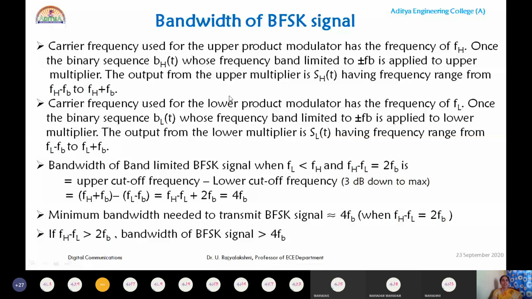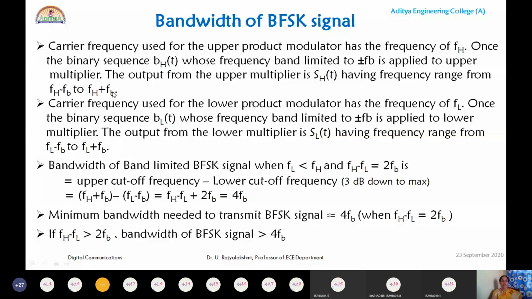The upper multiplier spectrum range is from FH minus FB to FH plus FB. Because the FSK signal is a combination of SH of T and SL of T, the total spectrum ranges from FL minus FB to FH plus FB.